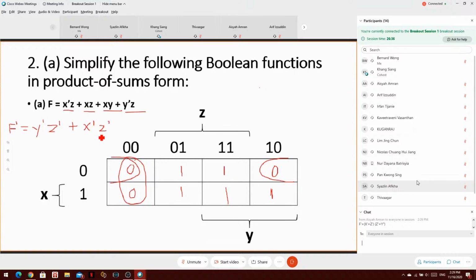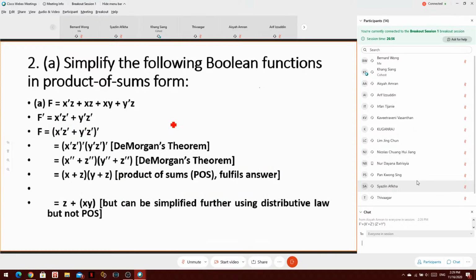So this one is your negation of this. What you need to do is make this f, which is the complement, become a normal f. So you need to complement the whole thing again. It should be something like this.